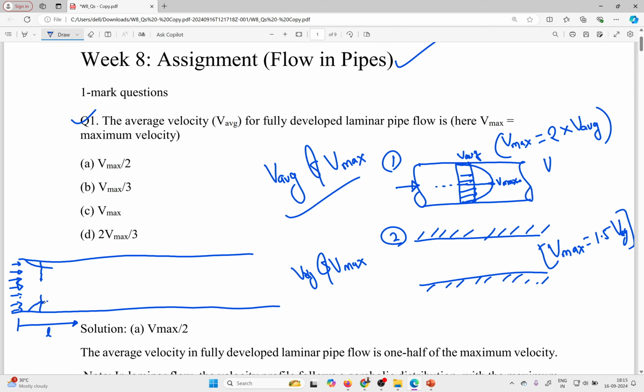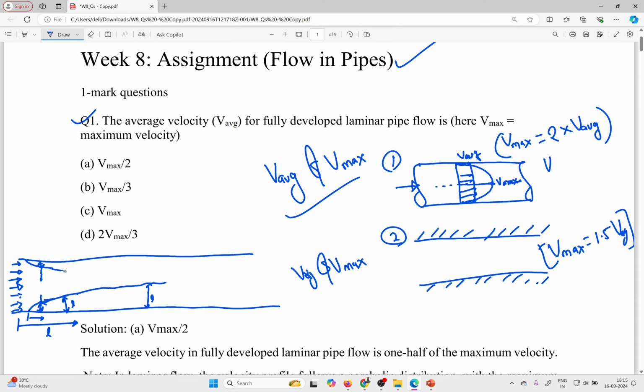Up to that much distance the resistance propagates, but as it moves forward, the resistance travels that much, like that.